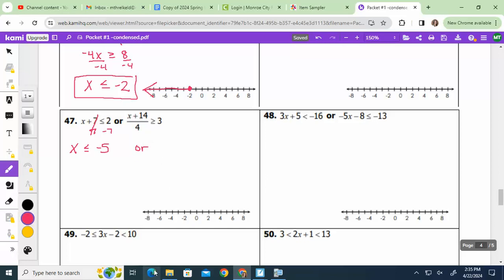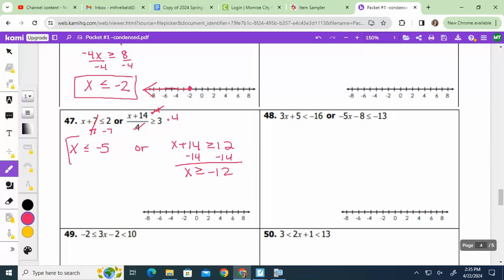The other one is divided by 4. What's the opposite of dividing by 4? So I can multiply the 4 on each side. So those cancel. So we get x plus 14 greater than or equal to 12. 14. So x is greater than or equal to negative 12.